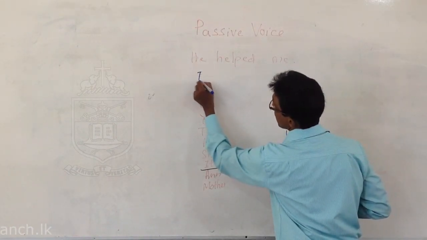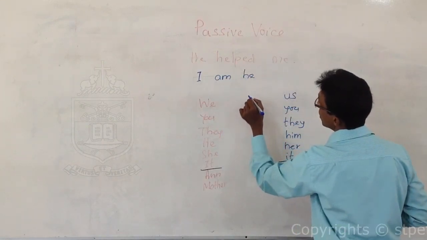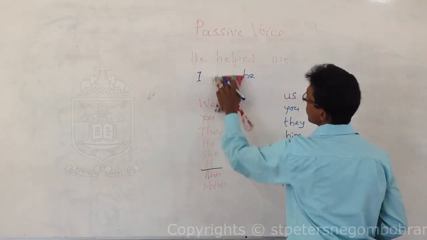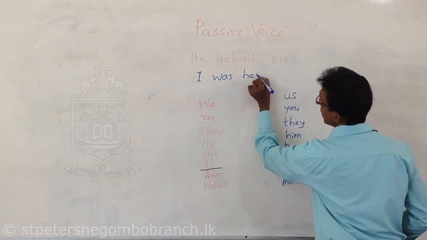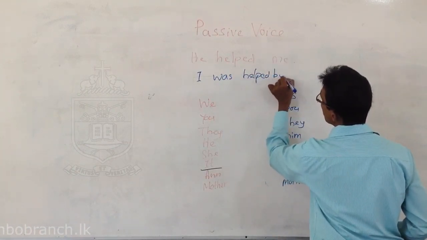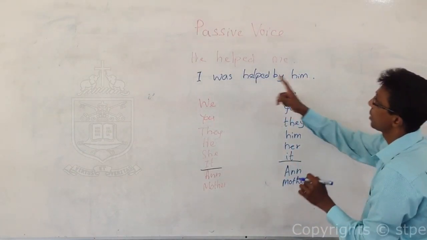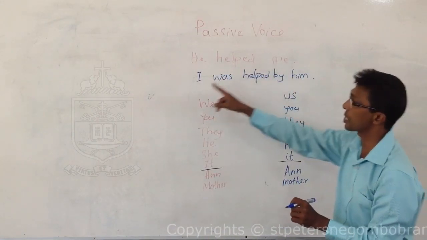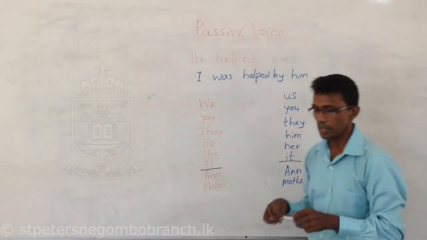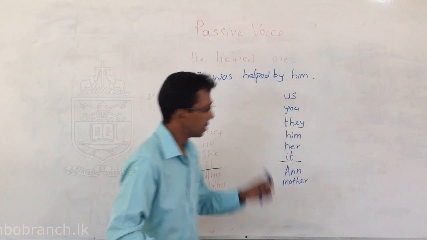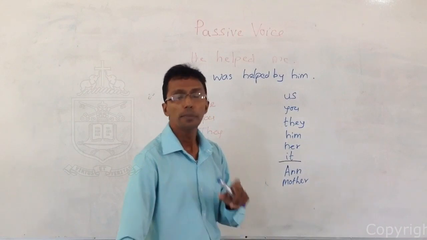This "me" becomes "I", and the helping verb comes, "am". It should be past tense, so we will write like this: "I was helped by him." So "he" becomes "him", and "me" becomes "I". This is the kind of change that you find in passive voice, right? So these are the basic things that you have to remember before we learn passive voice.